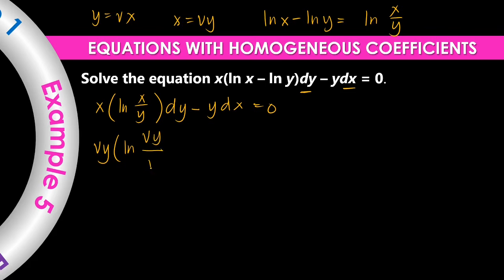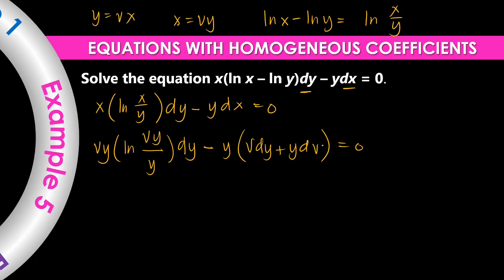And I just copy the denominator y. And then I multiply them with dy. And then minus y, and then multiplied by dx. So since I replaced x, I will also replace dx with v dy plus y dv, and then equals 0.